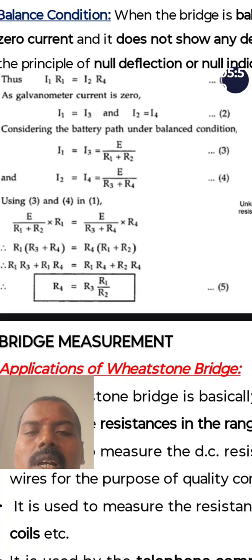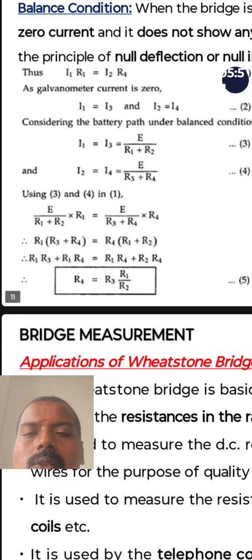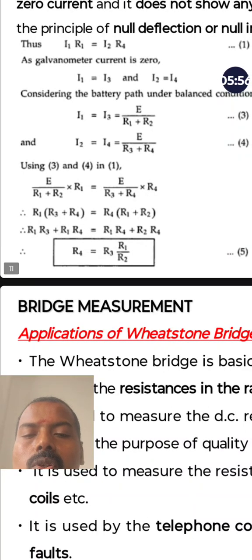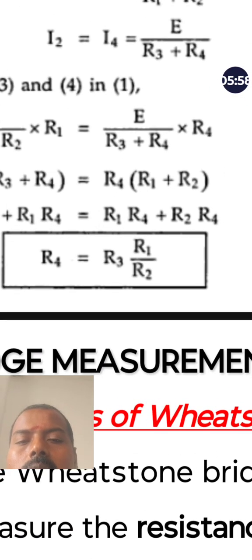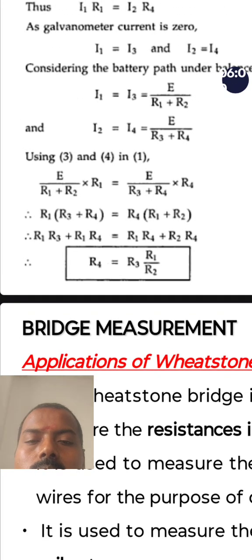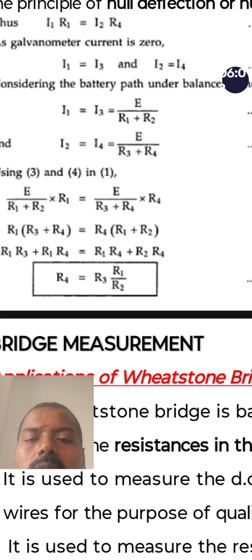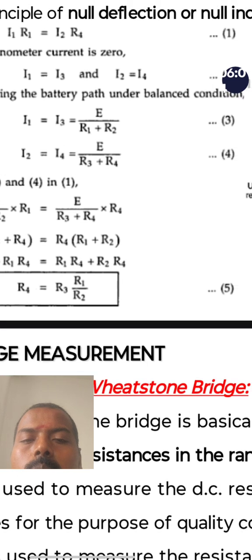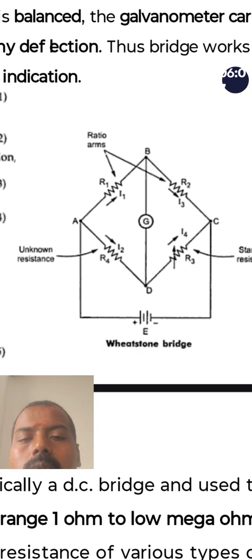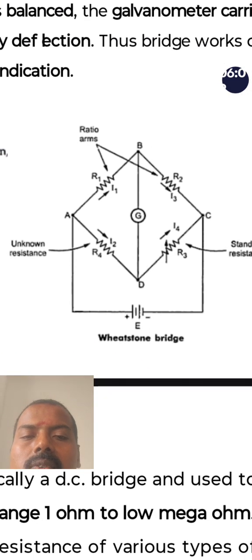Using the 3rd and 4th equations, substituting in equation 1, finally we get the unknown value R4. The unknown value R4 is equal to R3 R1 divided by R2. R3 is the variable resistance.